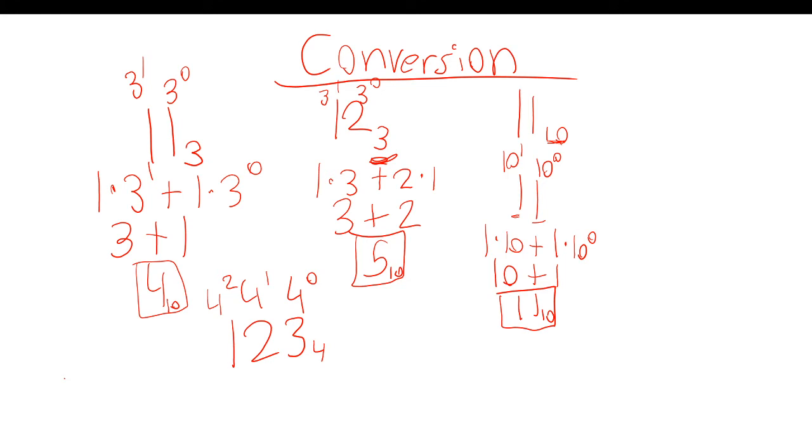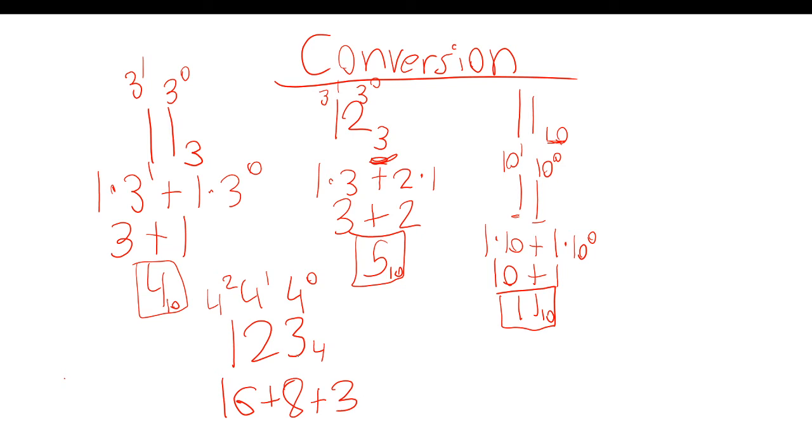All we need to do is take 1, multiply by 4 squared. 4 squared is 16, this remains 16. 2 times 4 to the 1st power. 4 to the 1st power is 4, 2 times 4 is 8. Over here we have a 3. 3 multiplied by 4 to the 0th power. 4 to the 0th power is 1. 3 times 1 is 3.